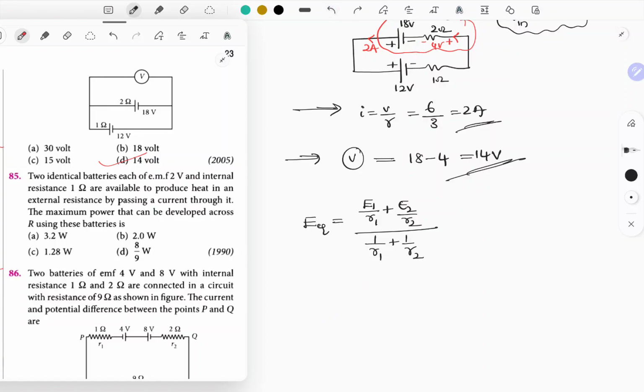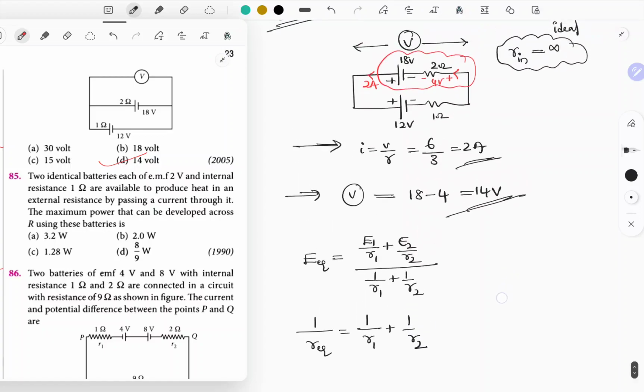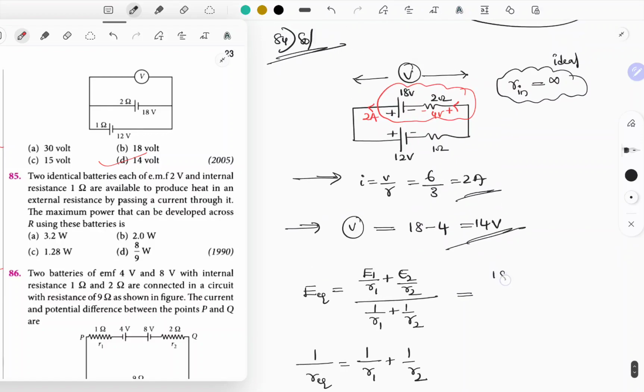So how can R equivalent be calculated? 1 by R equivalent is equal to 1 by R1 plus 1 by R2, and so on, whatever the number of cells may be. So you just have to write it down like this. E1 is 18 divided by R1 which is 2, plus E2 is 12 divided by 1, over 1 by R1 plus 1 by R2.